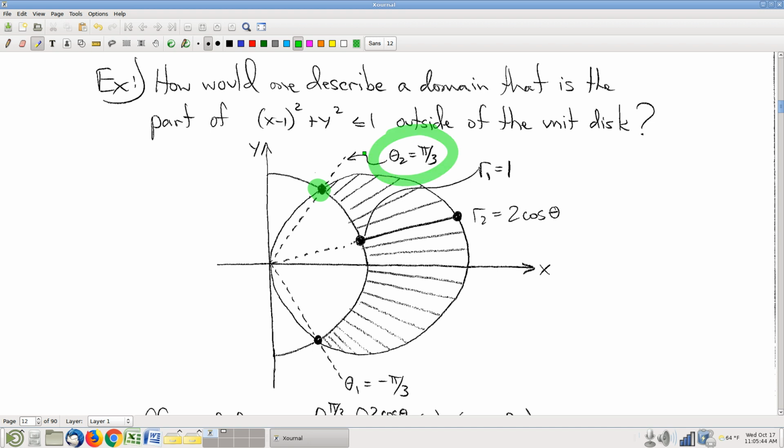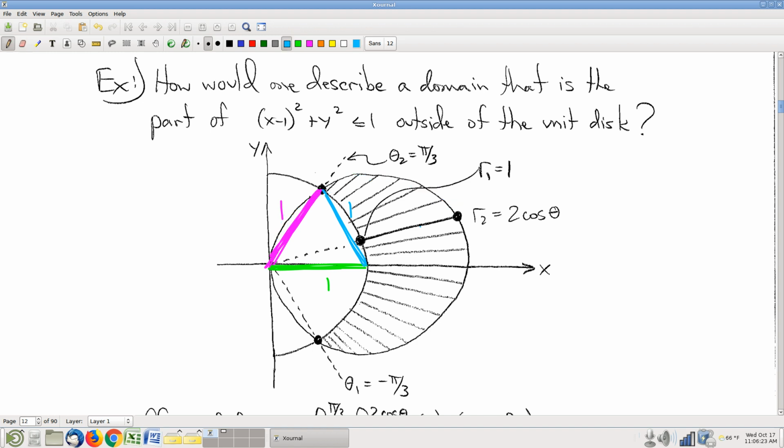Let me show you my favorite way to identify where that point is. While you could write down the actual equations of these curves and see where they intersect, it's easier to just say, well, look, that distance is 1 because it's part of that circle. This distance is 1 because it too is part of that exact same circle. And finally, this distance is 1 because it's part of that circle.